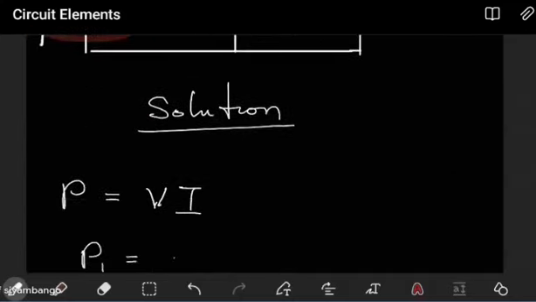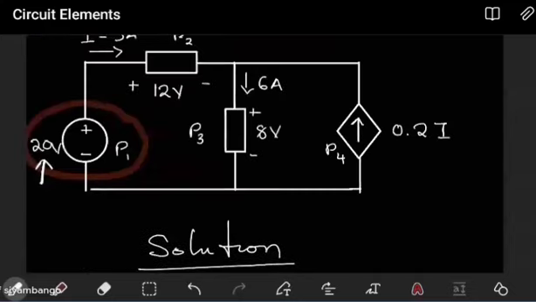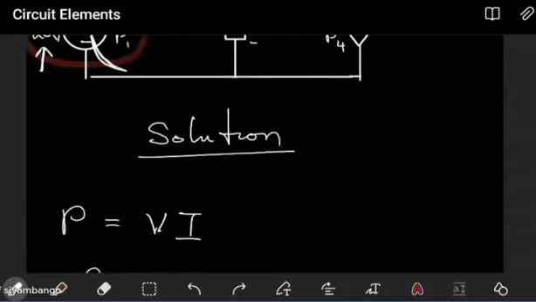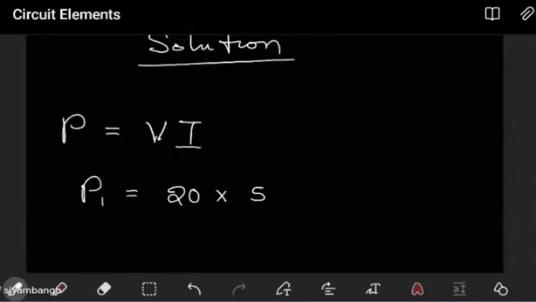We have a 20 volt being supplied, multiplying the current passing through this. Now, when it comes to the current, all you need is the branch, or basically the line where that source is a part of, which is this line. So what is the current in that line? Well, look at that. It's a 5 amp current passing in that line. So you have 20 by 5. So when you multiply these, you're going to end up with 100. And then what is the unit for power? Power is measured in watts.